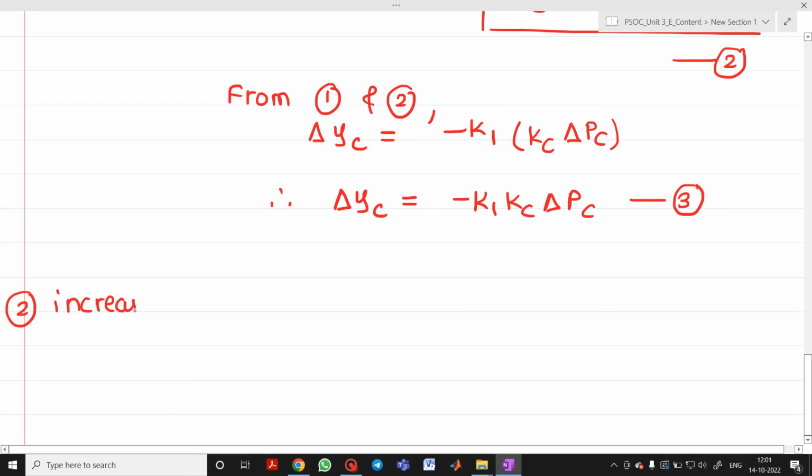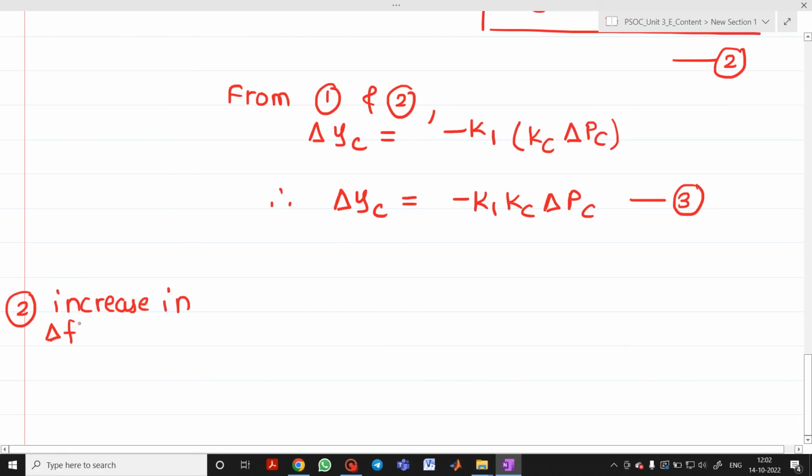Increase in the delta F. Delta F is nothing but change in the frequency. As we already discussed in the previous video, whenever the speed is more, the fly balls will move in the upward direction, and as the fly ball moves upward, B will move in the downward direction.